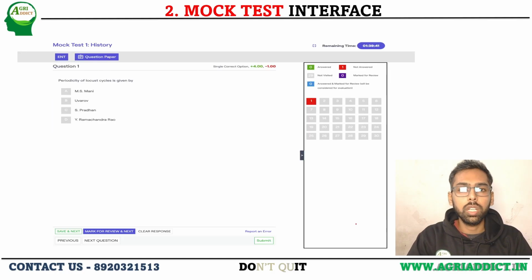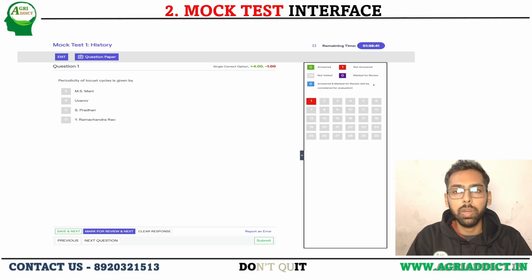The unique feature is that our mock test interface is similar to the ICAR original question paper interface, which helps you simulate the condition of writing the ICAR original question paper. This helps you get adapted to the time frame and solve the questions effectively.